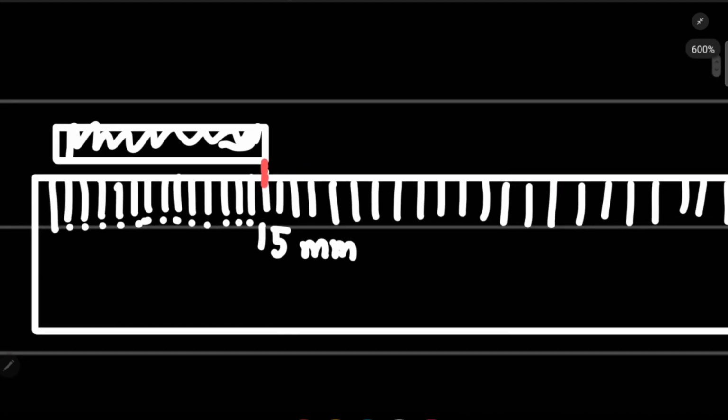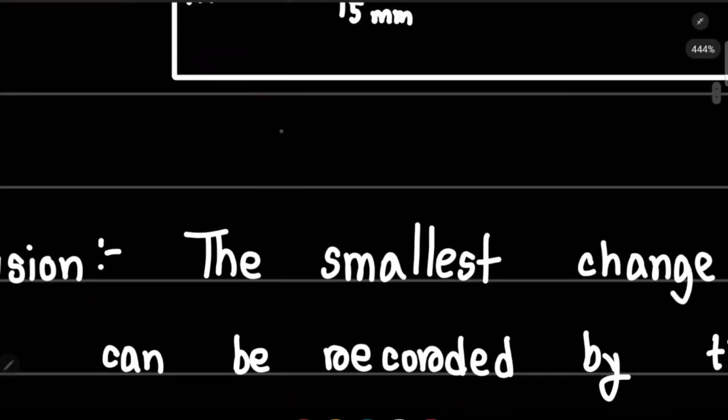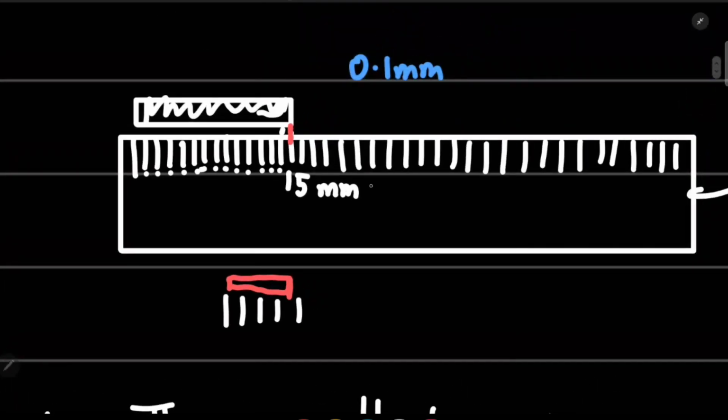Since we know the resolution of a meter rule is 1 millimeter, I could either take the next value or the one before. If we saw in the example, if this was our scale and our reading was this, we can either take to the left or to the right. So this reading plus or minus half the resolution.